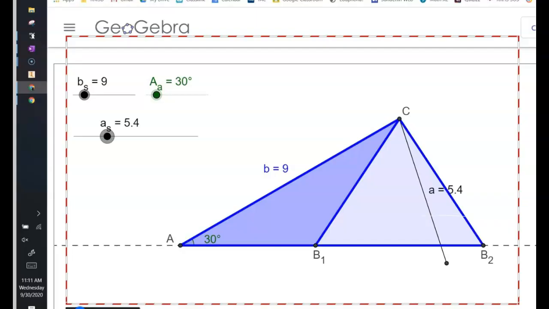Okay, let me zoom in. So here on this example, we have two triangles with B1 forming one of our triangles and B2 forming another.